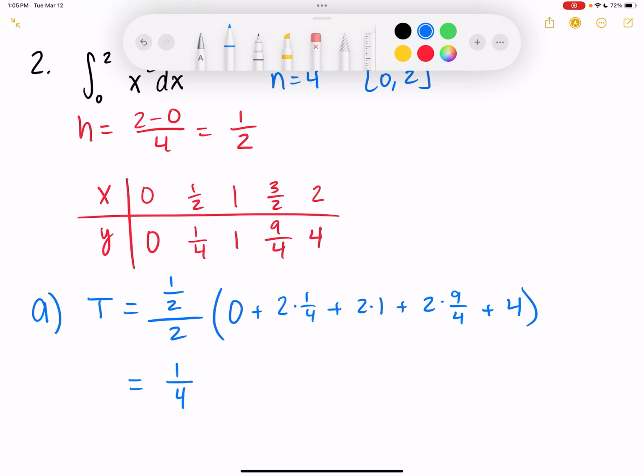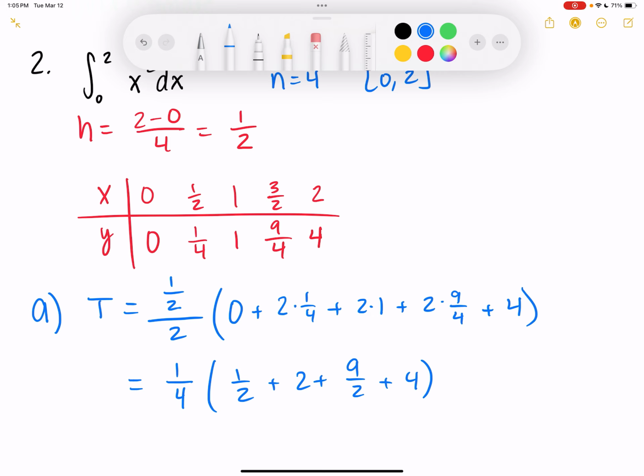All right, so 0 goes away. 2 times 1/4 is 1/2. 2 times 1 is 2. 2 times 9/4 is 9/2, plus 4. What's 1/2 plus 9/2?